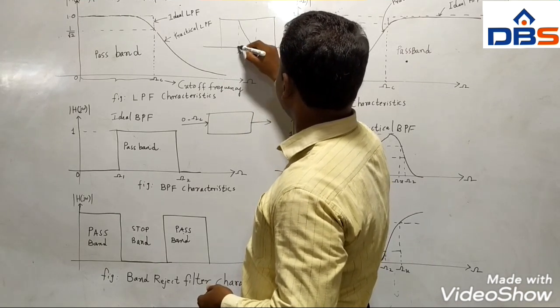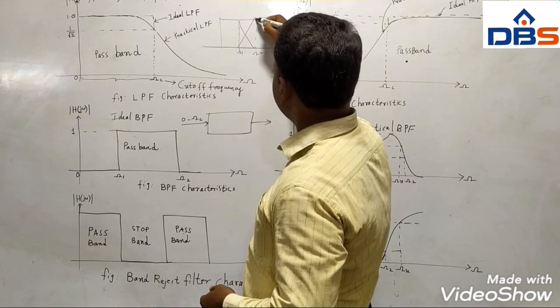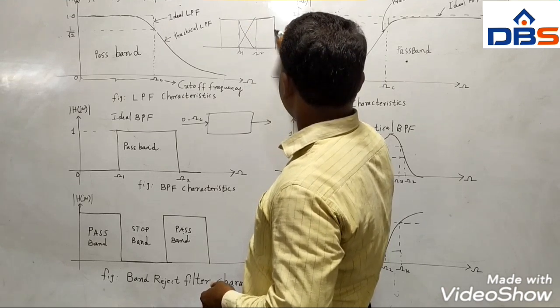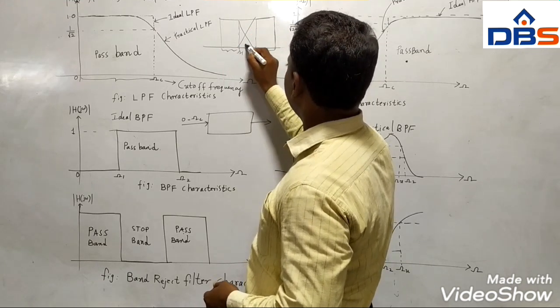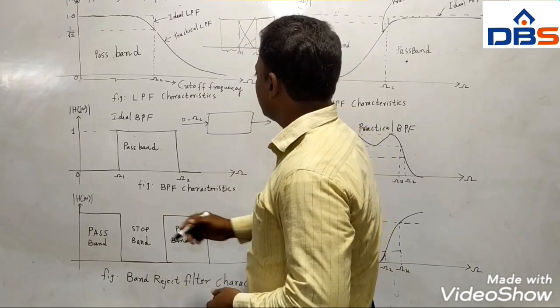I want to send only these two frequency ranges. Then we can use this type of filter.